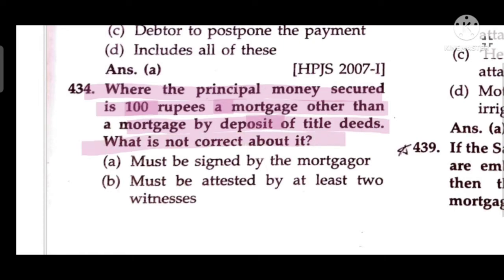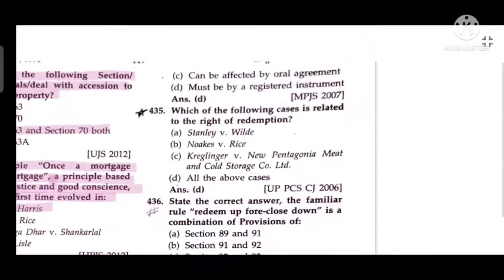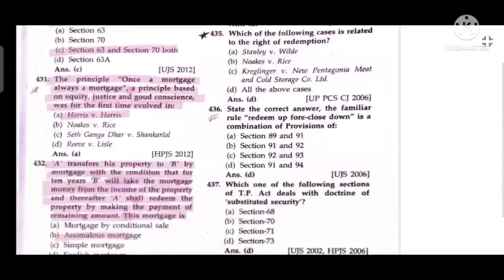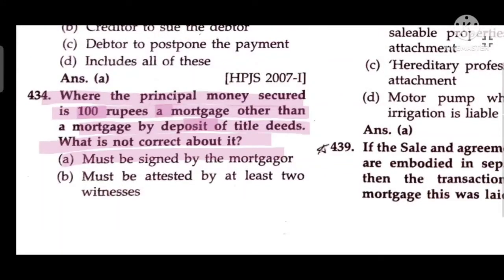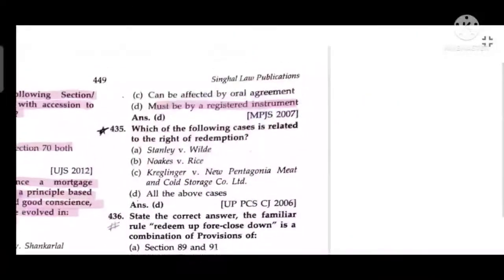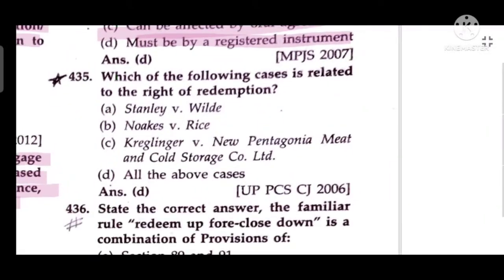What is not correct about it? Must be a registered instrument. What is correct? Must be signed by the mortgagor, must be attested by at least 2 witnesses, can be altered by oral agreement. Which one of the following cases is related to the right of redemption?